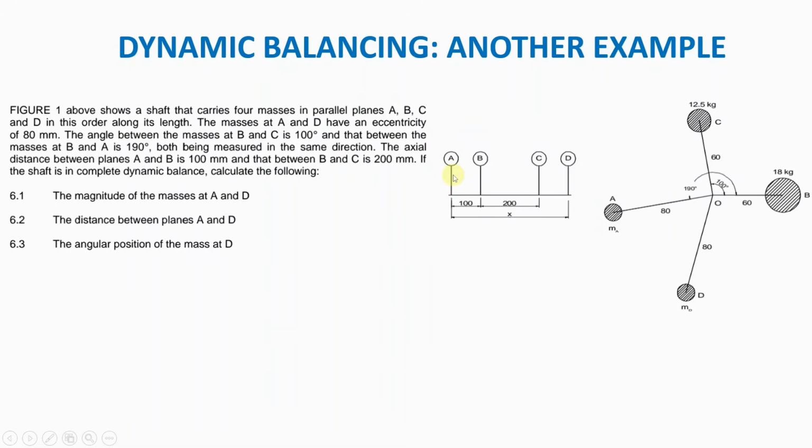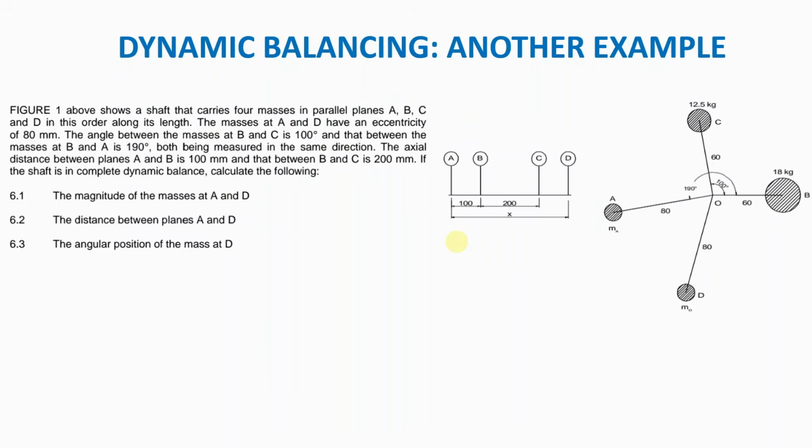Mass A is rotating into the page, and it goes inside the screen and then comes out at the bottom, and up it goes and into the screen again. I hope you get the picture. It's really important for you to be able to picture these things. Okay, so masses A, B, C, and D have their own planes of rotation. They're not rotating in the same plane.